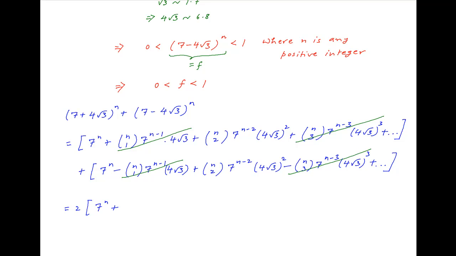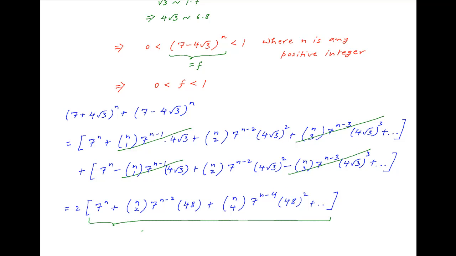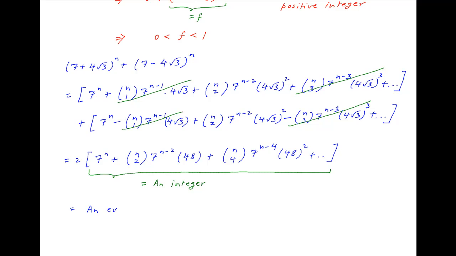All the other terms in the two brackets are the same, and therefore this expression reduces to 2 times [7^n + nC2 · 7^(n−2) · (4√3)², which is 48, + nC4 · 7^(n−4) · 48² + and so on]. Note that the expression in the bracket is an integer, and 2 times an integer is an even integer. Therefore, the value of this expression is an even integer.